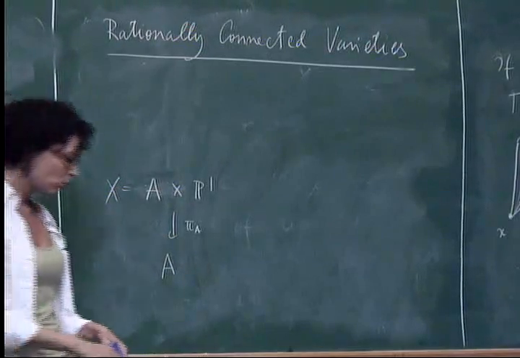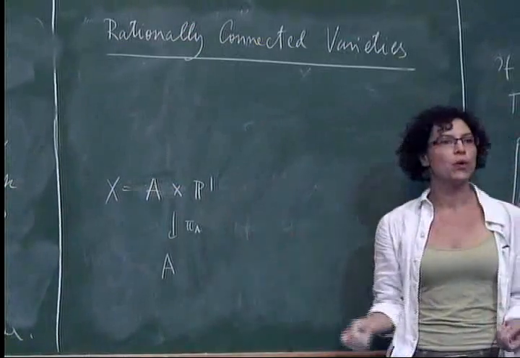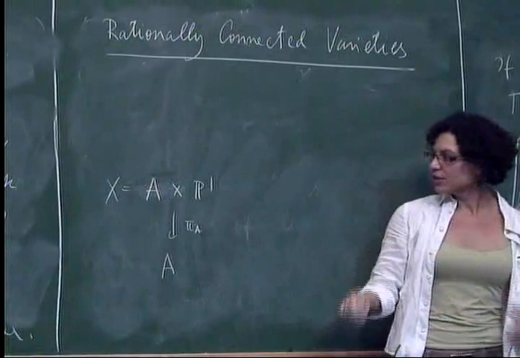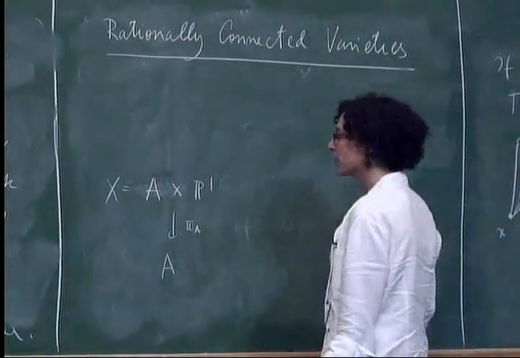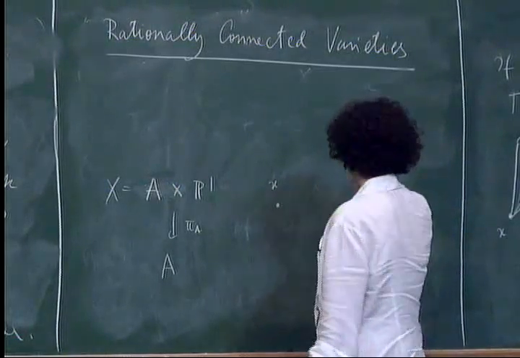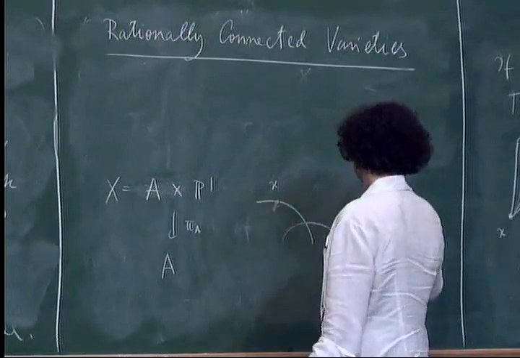So a natural condition to impose is that, say, any 2 points can be connected by a rational curve. Oh, but there's no reason why you should define rationally connected this way. We could also require that general points x and y can be connected by, say, a chain of rational curves.